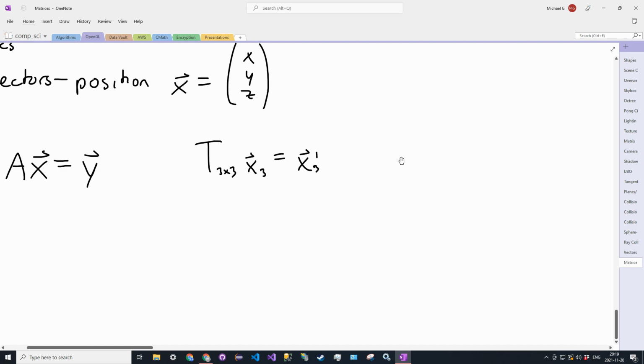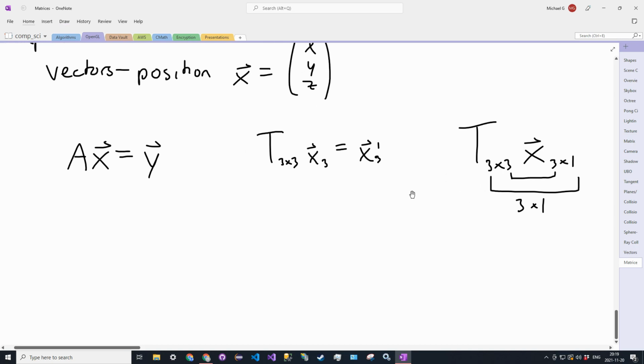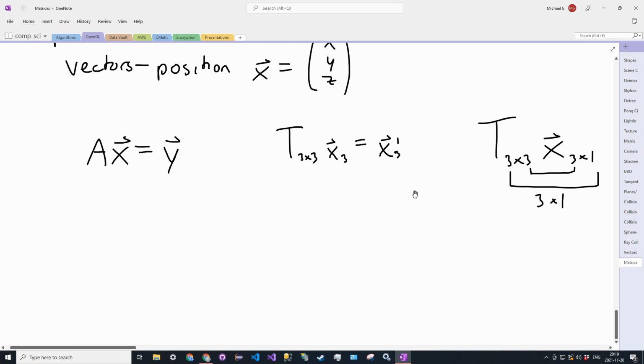T is 3 by 3, x is 3 by 1 as a column vector. The 3's in the middle match up, and then on the outside we have 3 rows by 1 column as the result, which is exactly what we want. So T is our transformation matrix here. And we'll see that each type of transformation has its own special matrix.